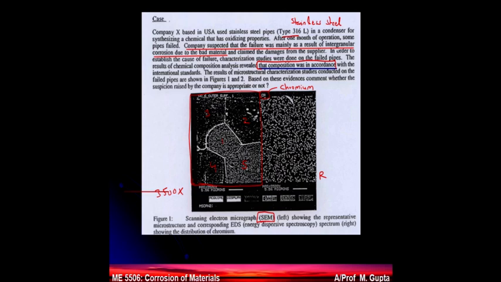What you see on the right side of the picture is the white dots. Whenever the electron beam reads a chromium signal, it gives a white dot. If it doesn't read it, it gives a black dot, or the black area. So basically this shows that you have the chromium present reasonably uniformly all across this area, which is on the left hand side.